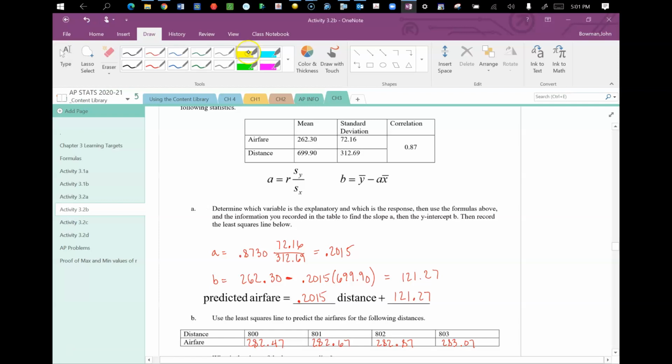And you're probably thinking, well, obviously that's the case. But that is showing you exactly how we interpret the slope in context. Our slope is 0.20 approximately. And so as the explanatory variable, distance, goes up by 1 unit, or 1 mile in this case, the predicted airfare goes up by 20 cents.